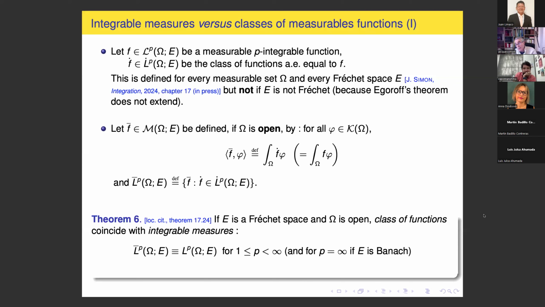And if p is infinite, this only holds if E is a Banach space. I am not able to prove it in the case of a Fréchet space. And to f dot we associate f bar, it is an isomorphism from the space Lp into L bar p. It is the same, in fact.